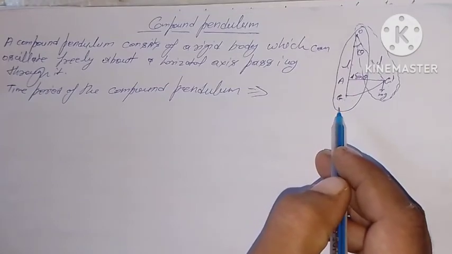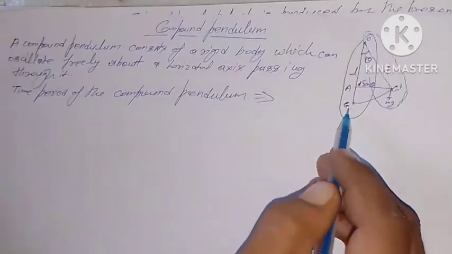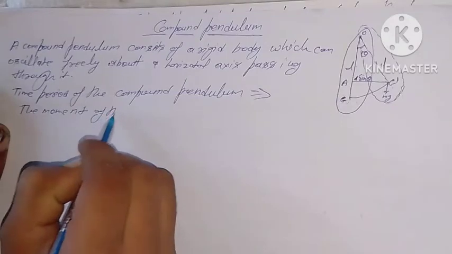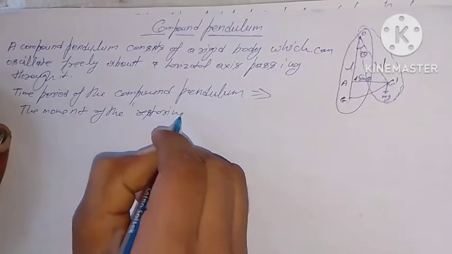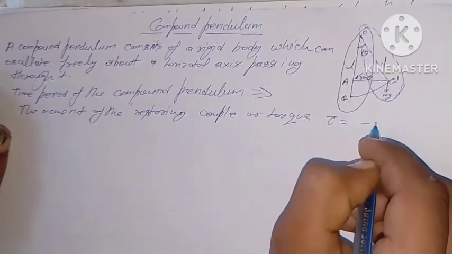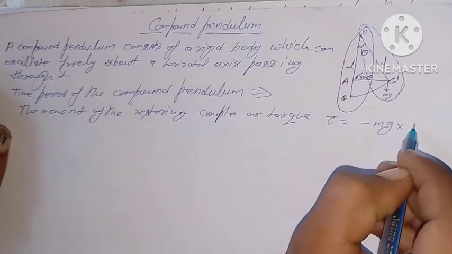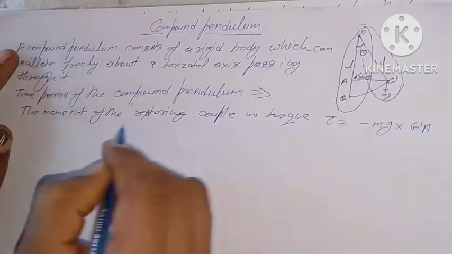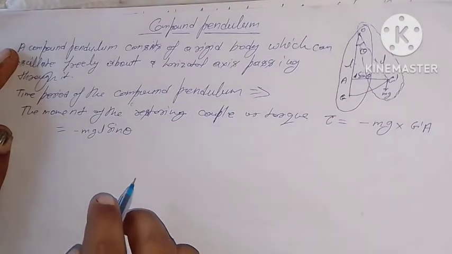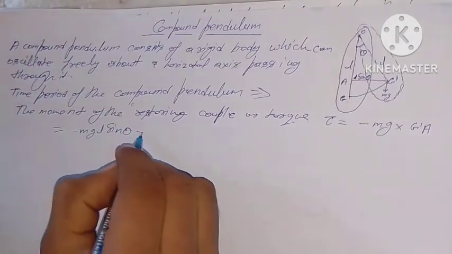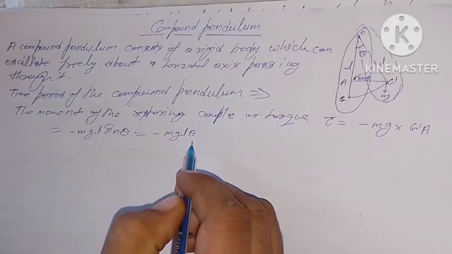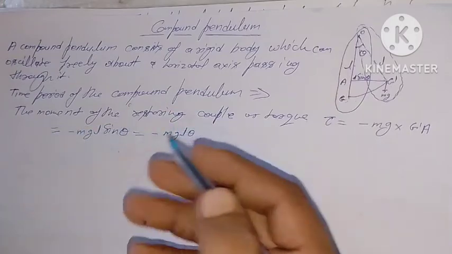The moment of the restoring couple or torque tau equals minus mg times G dash A, equal to minus mgl sin theta, equal to minus mgl theta, since the angle theta through which the pendulum is displaced is small, so that sin theta equals theta.